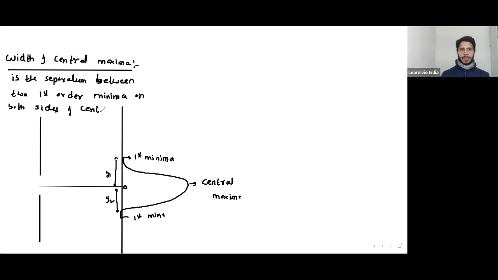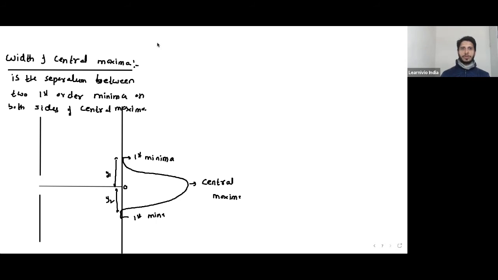If you can calculate this separation, the separation of first minima to first minima, then this separation is exactly equal to the width of central maximum.